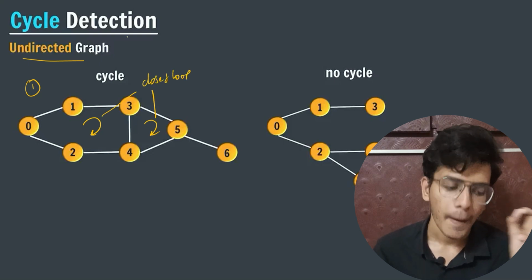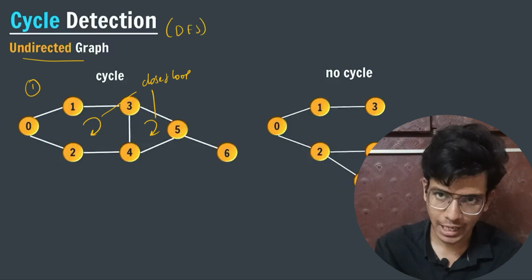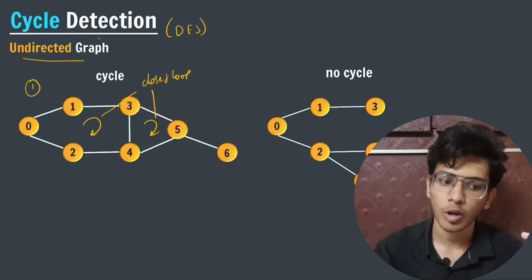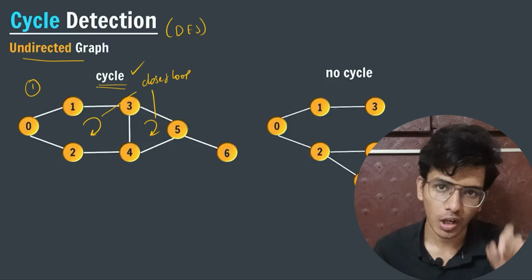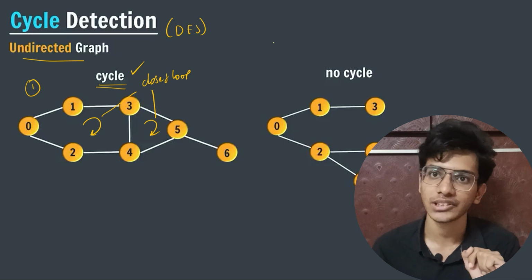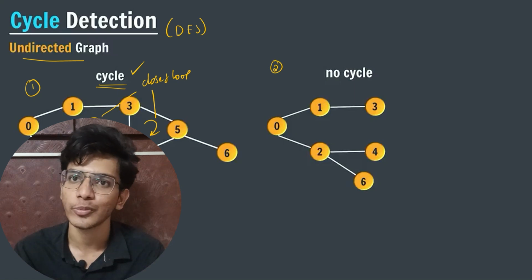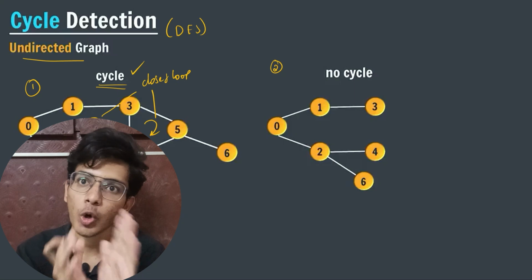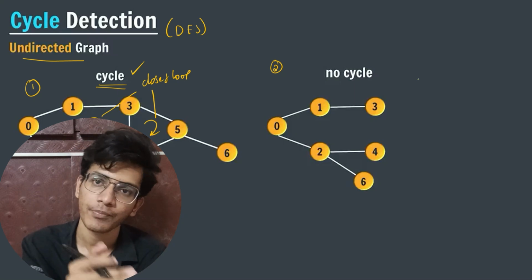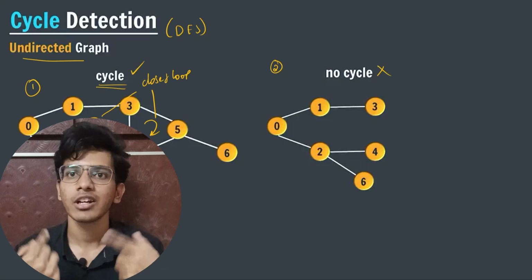So if I apply my DFS algorithm, my cycle detection should give me true, because in the given structure there exists a cycle. And for the second diagram, you can see that there is no closed loop. The graph is open-ended, and whenever an undirected graph is open-ended, there is no cycle. In that case I will return false.